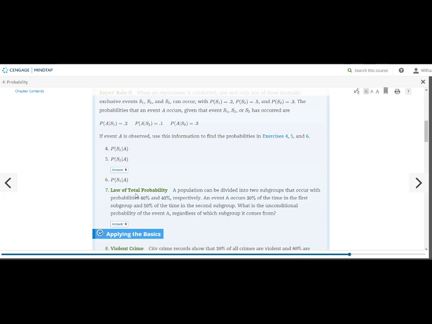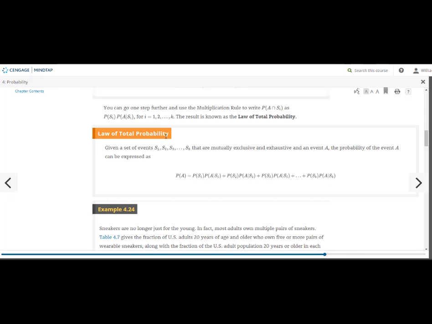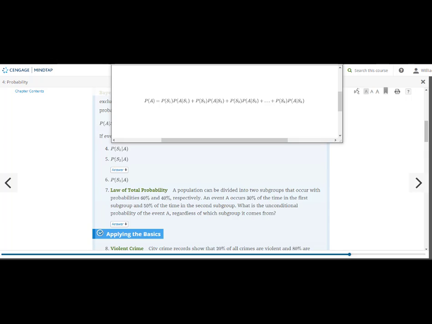Law of total probability. Once again, that's this section here of the text, or here's the actual law. So I'll put that up here. A population can be divided into two subgroups, so that means we're only going to have a partition with two sets that occur with probability 60 and 40%. So the first one, S1, has probability 60, and the probability of S2 is 40.